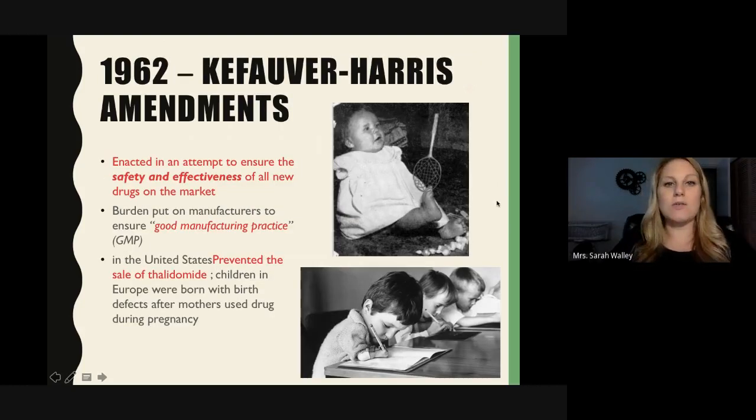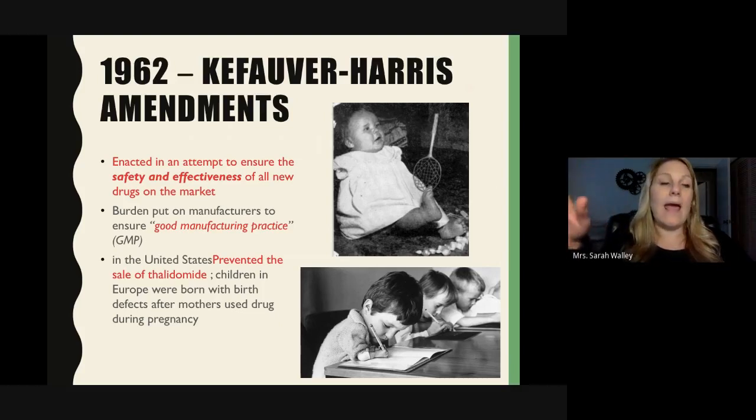So the 1962 Kefauver-Harris Amendments were enacted in an attempt to ensure the safety and effectiveness of all new drugs on the market. So the burden was put on manufacturers to ensure good manufacturing practice. That's when they were like, hey, you've got to follow these rules to manufacture drugs safely and effectively.